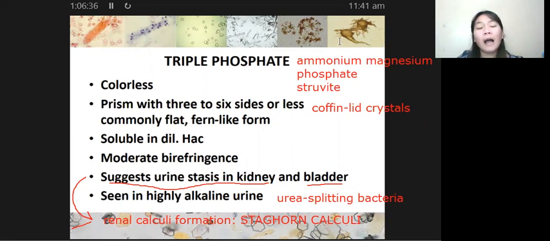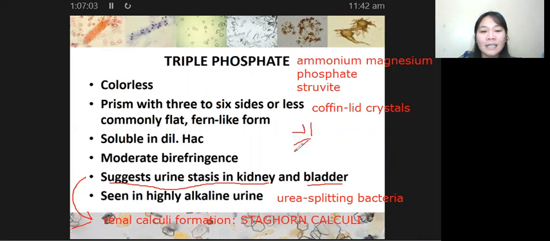Okay, so yan. Kung i-google ninyo, pero baka mamaya hindi nyo i-google. Okay, so anyway, ang term na Staghorn calculi, this is due to the appearance of the renal stone. Kasi if you're going to look at the formation of your Staghorn calculi, di ba doon sa ating kidneys, meron tayong mga minor calyces, tama?